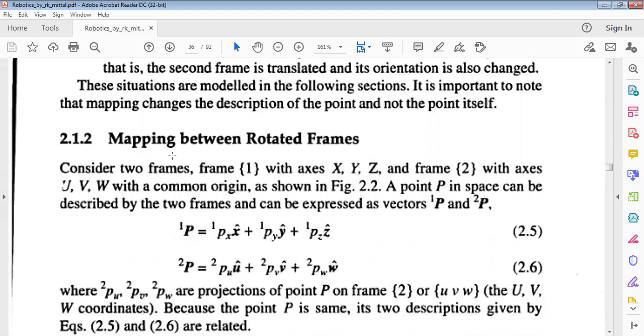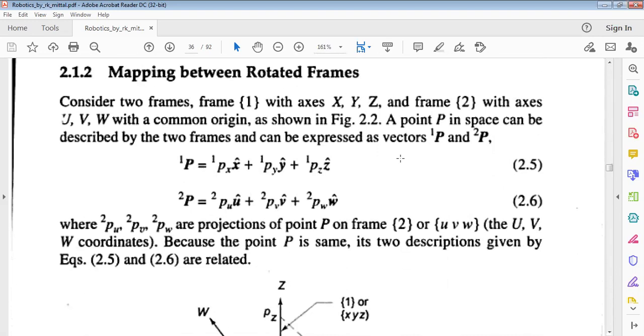Last class we saw mapping between rotated frames, where there are two frames and a point P in space. With respect to the first frame, this is the vector. With respect to the second frame, this is the vector.